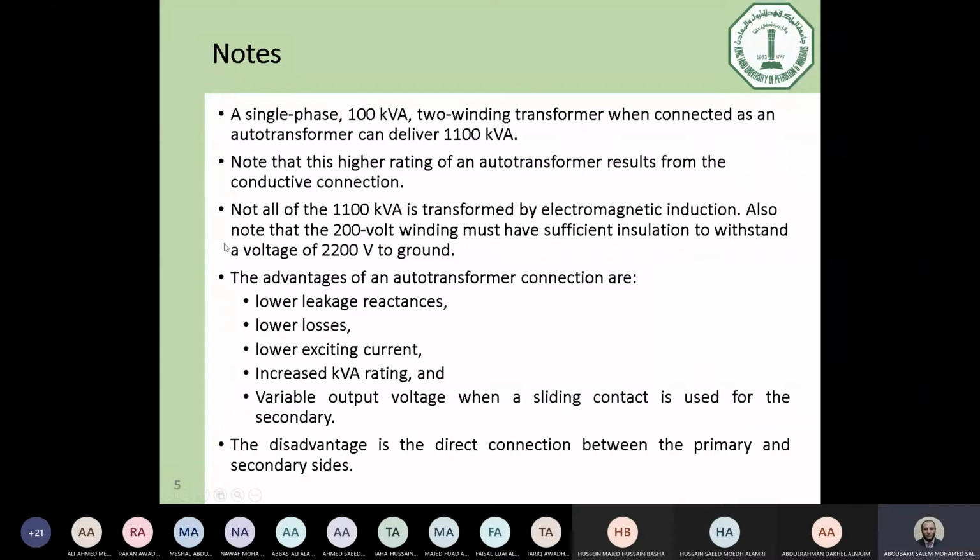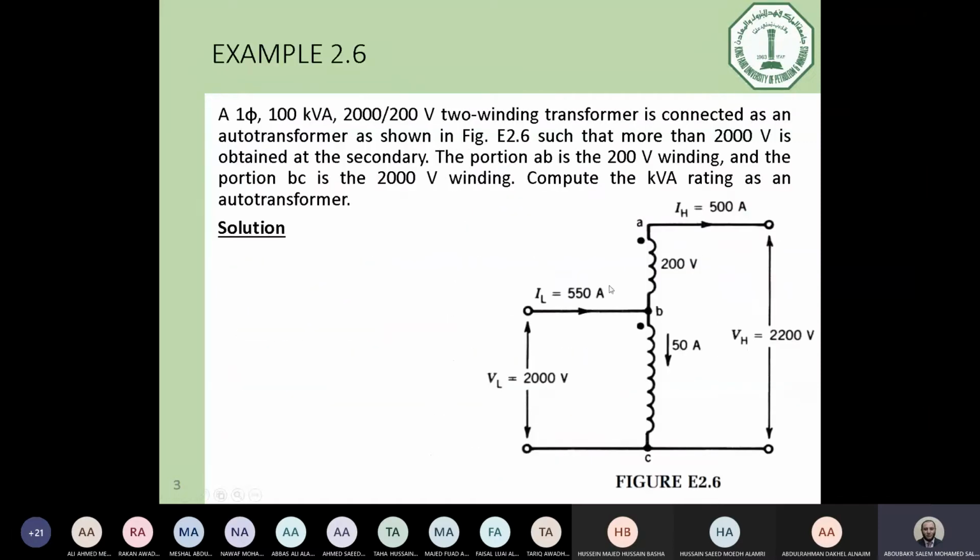Also, note that the 200 volt winding must have sufficient insulation to withstand the 2200 volt. This winding is made for the two winding transformer to withstand 200 volts. However, now the coils and the insulation of the transformer are subjected to 2200, which is 11 times the rated value.